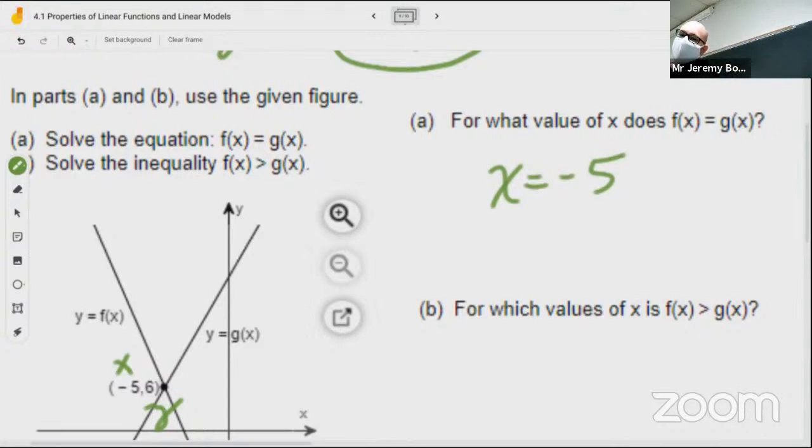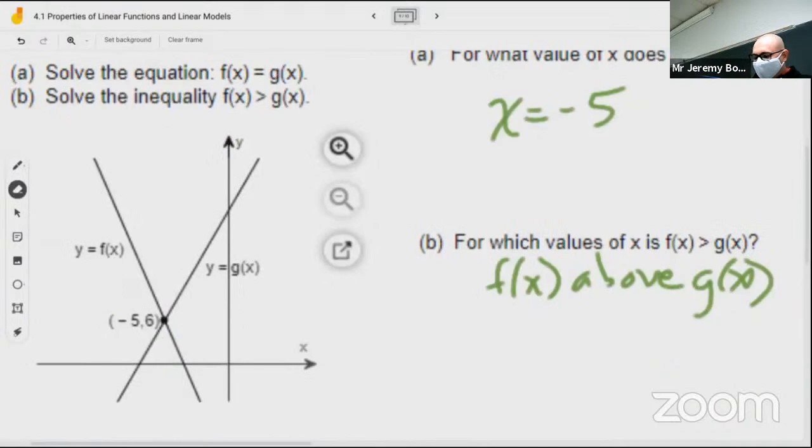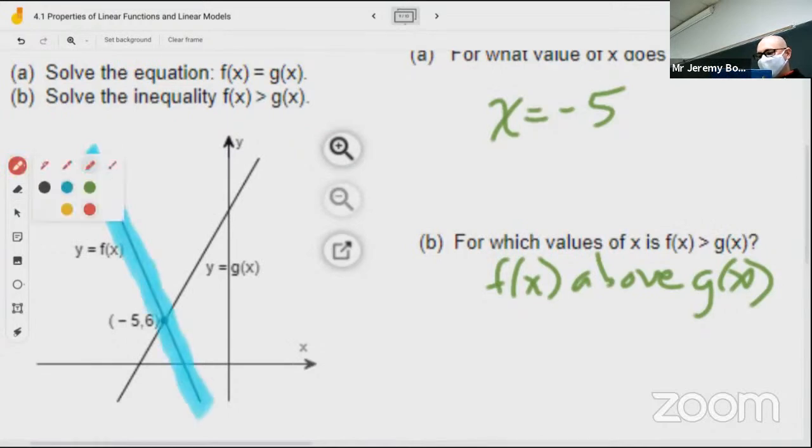Now, this next part is what usually messes everybody up. They are asking for which values of x is f of x greater than g of x. That is, for which values of x is f of x above g of x, right? It's greater than, it's above it. And so if we look at our lines here, and I'm going to highlight them: the blue one, that's f of x, and this is g of x here.